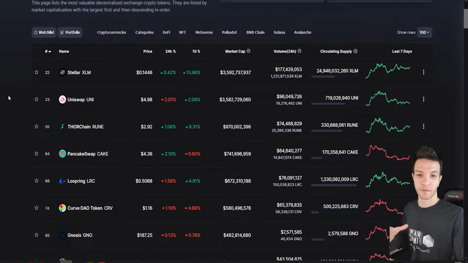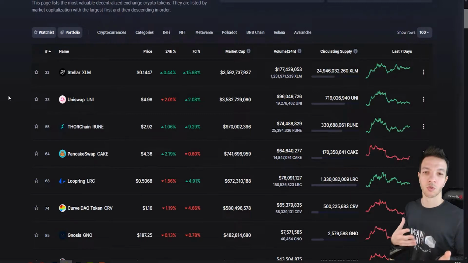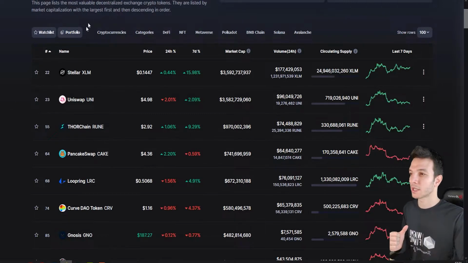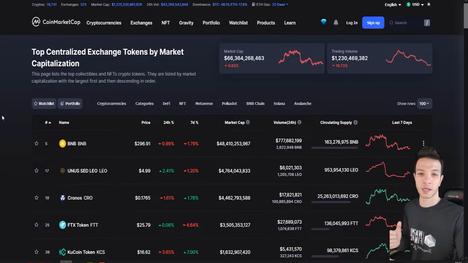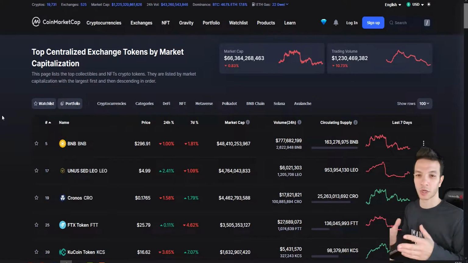But for most of the decentralized exchanges, each one of them operates on a specific blockchain. So this is also something good you have to know, that when you go to centralized exchanges, you can just buy anything no matter which blockchain or ecosystem it is built on. So you can buy anything you want on that centralized exchange.